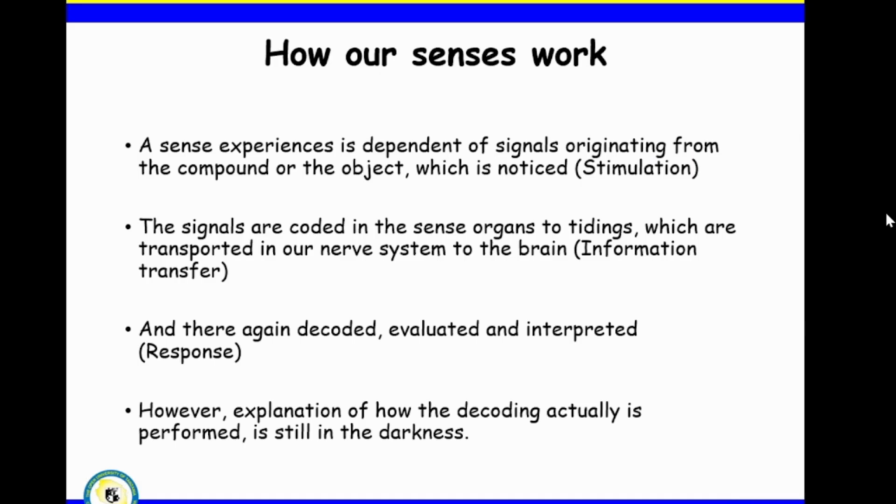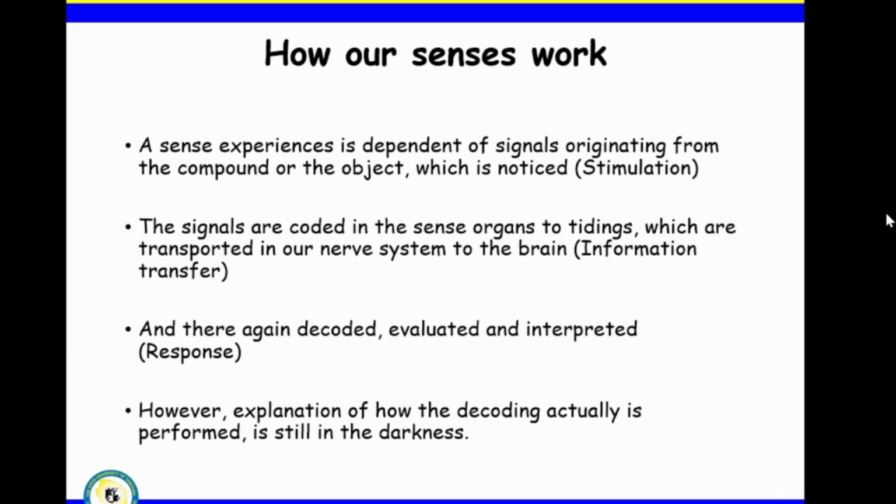So in order for that mechanism to take place, three things must happen: the stimulation, the information transfer from the sense organ to the brain, and then the brain will decode, evaluate, and interpret, and that's where you get a response and understand the characteristics which are actual for that particular object.